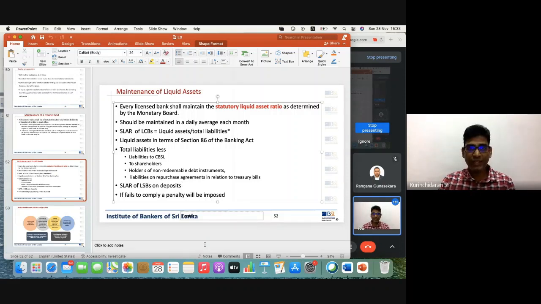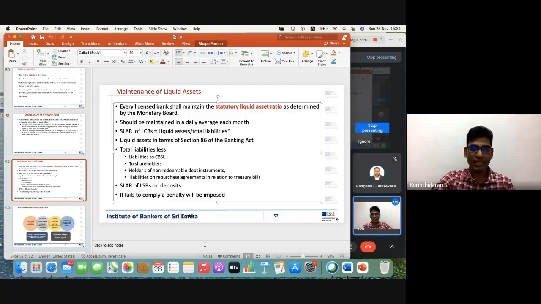How do we calculate it? The items that can be considered as liquid assets are given, and we divide those liquid assets by total liabilities. How to compute total liabilities is also given: you take the total liabilities of the bank and deduct the liabilities to CBSL, shareholders, and some other items. Then you have to maintain 20% of those. If you have more than 20%, that satisfies the central bank regulation. So it's the maintenance of liquid assets.